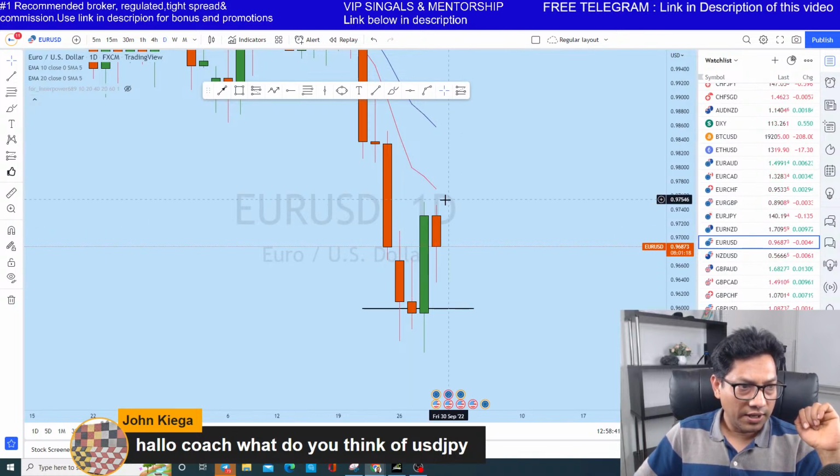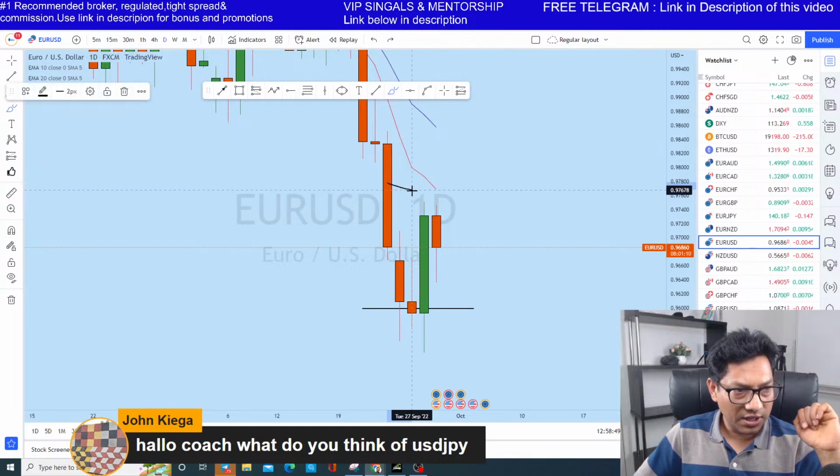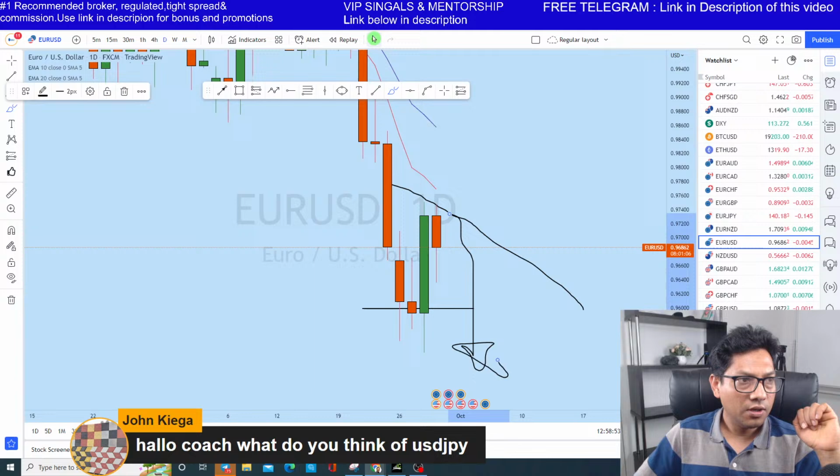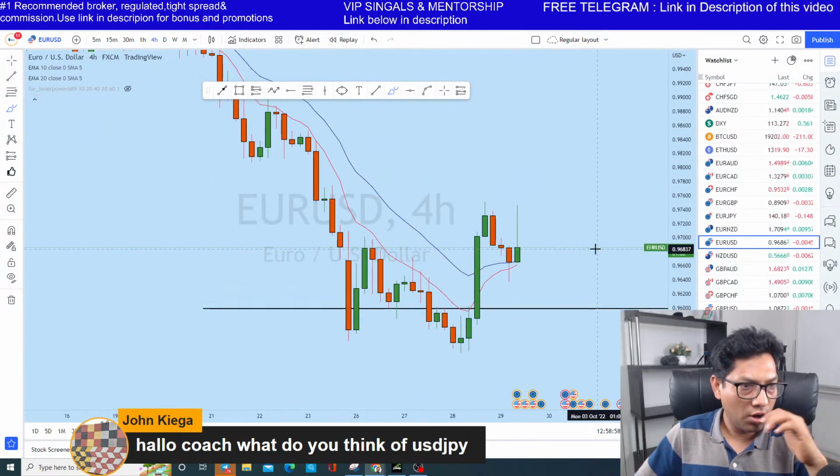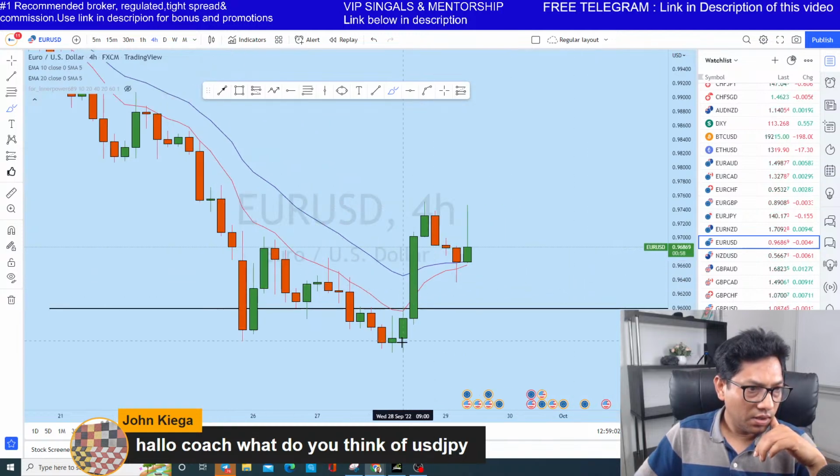If euro dollar, let's say on the daily time frame, remains like that and creates a lower high, I still think that euro dollar will drop from this trend line. If we look at the 4-hour perspective on euro dollar, we see that there is a movement correction.